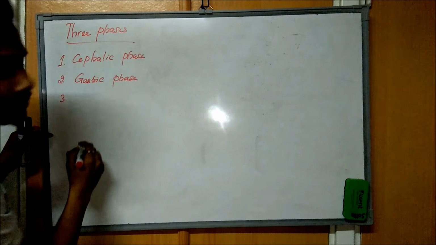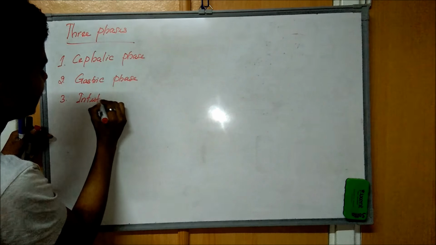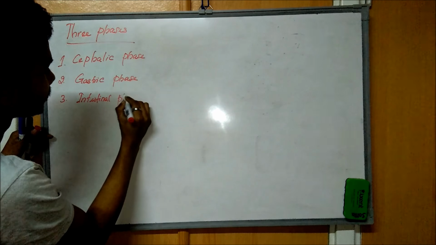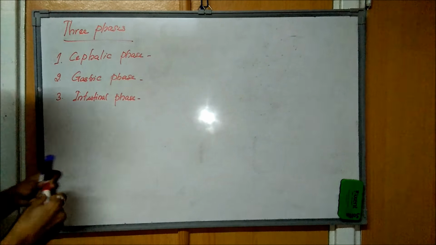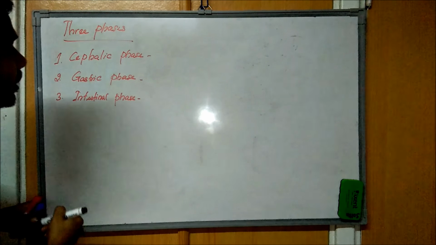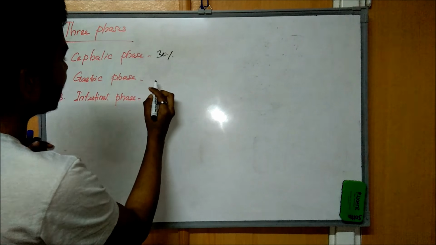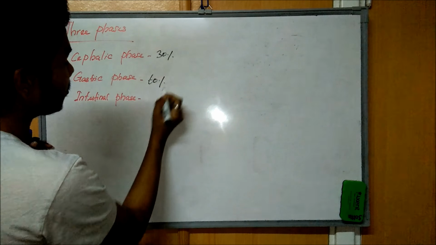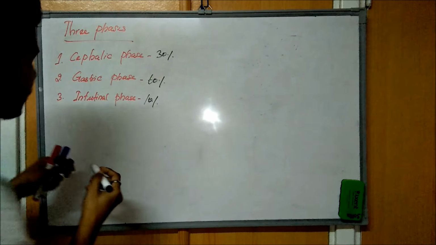And the third phase is the intestinal phase. The amount of HCl production will be different. In the cephalic phase, there is 30% of production. In the gastric phase, there is 60% of production. And in the intestinal phase, there is 10% of production.